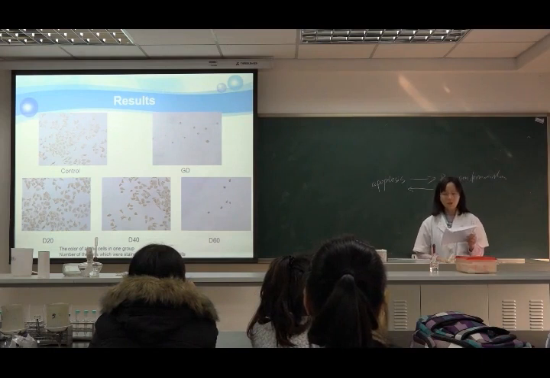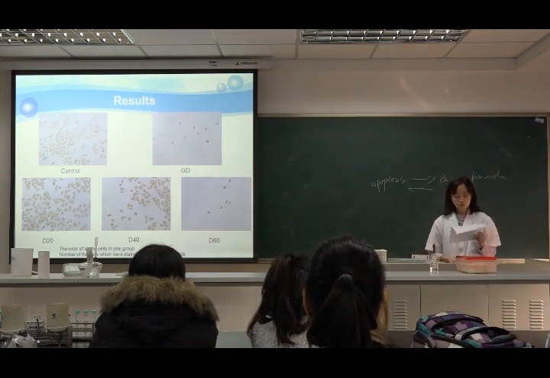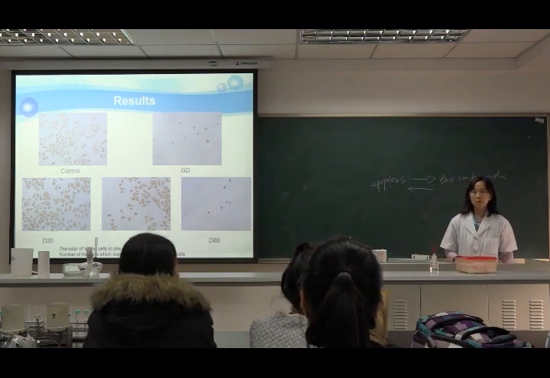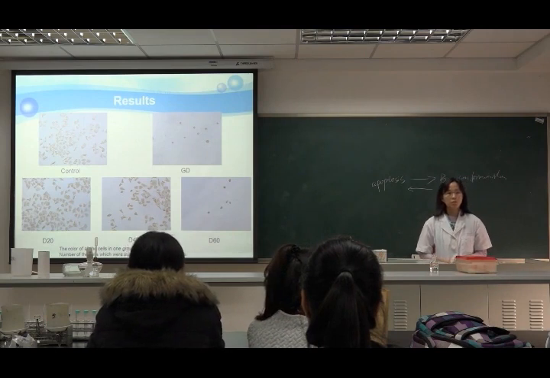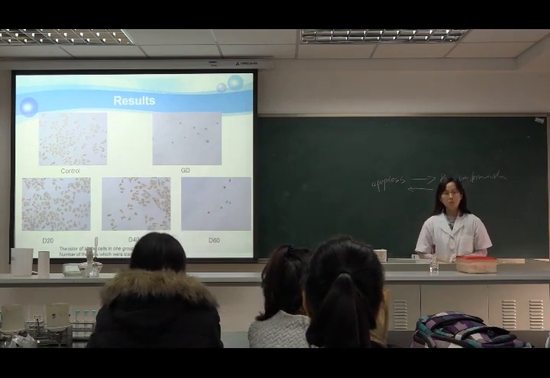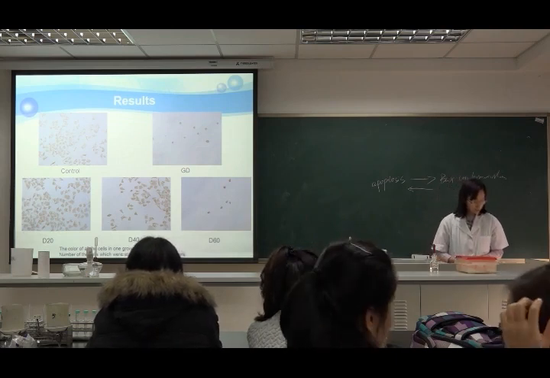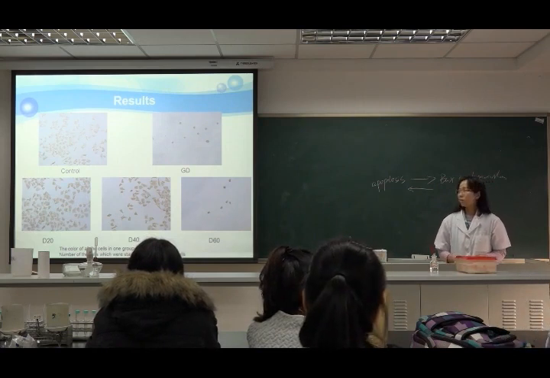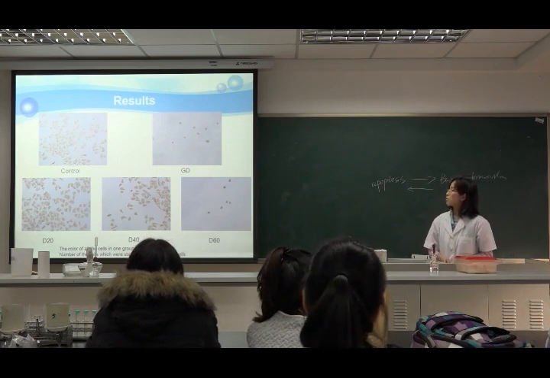I don't know where the P53 came from, because the objective of the experiment is just to make sure whether or not there are conformational changes of Bax during the apoptosis. So I hope all of you concentrate more on the experiment.